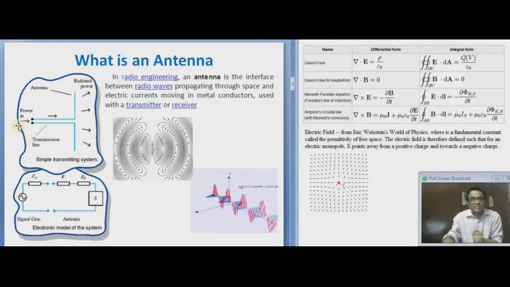This radiation resistance has to match the input impedance of the transmitter, where the signal is going, and the receiver for the receiver end. So how good the total matching system is depends upon the efficiency of the antenna.